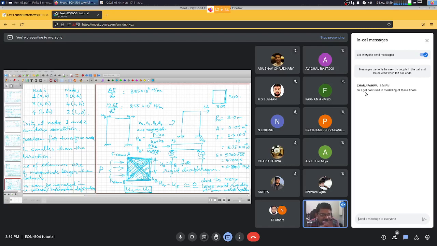Rigid floor diaphragm modeling, etc., are particularly useful for very quick back-of-the-envelope kinds of calculations. You can estimate the numbers, member forces, very quickly, and just have a rough number to get an idea.